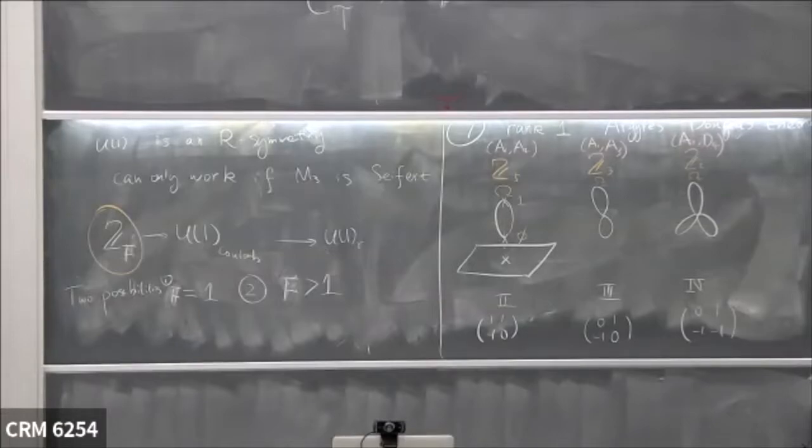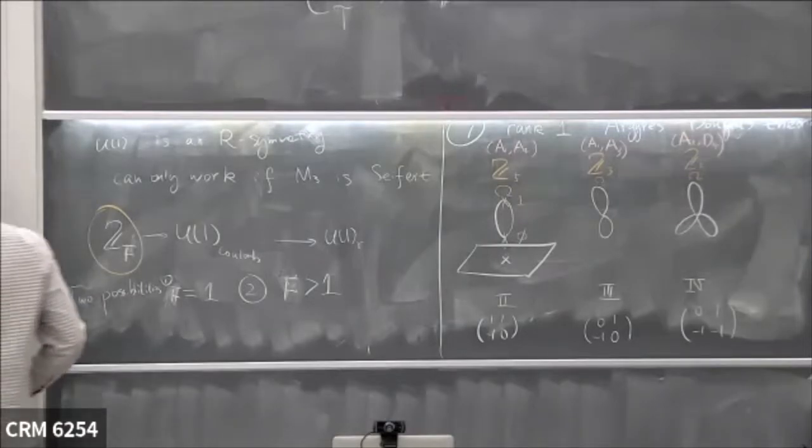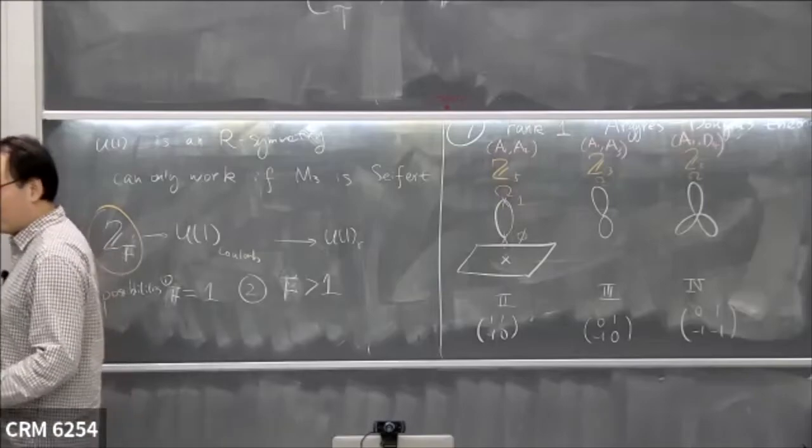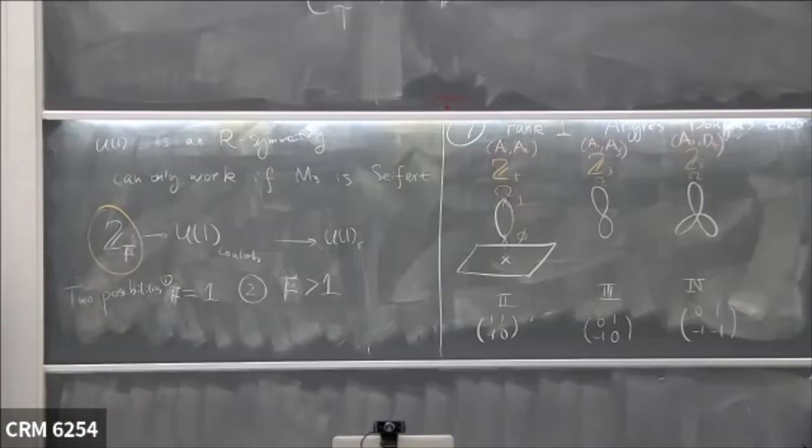So what is the VOA associated with this? This is E6 at level -3. Then there is category O for this VOA. And in that category, there are 1, 2, 3... sorry, am I counting this correctly? 7, right?